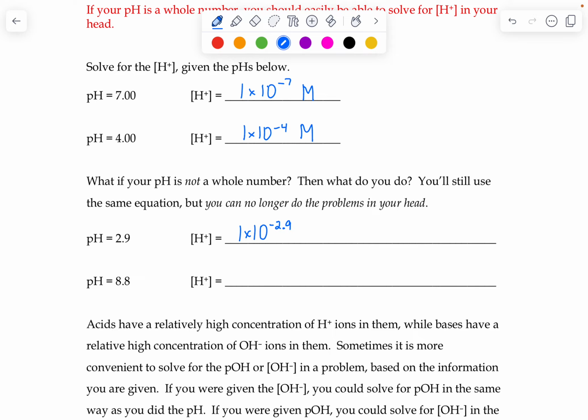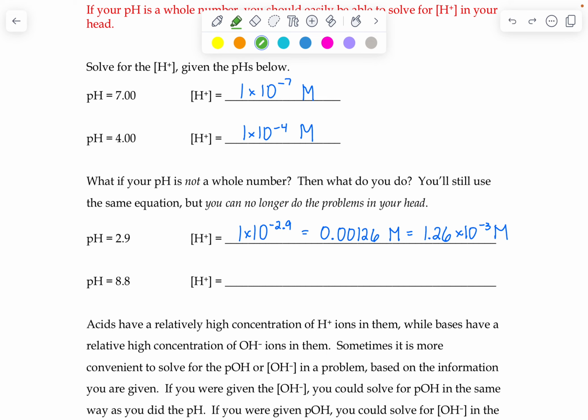So if you type in your calculator 1 times 10 to the -2.9, your calculator should say 0.00126 molar, approximately. Or if it was in scientific notation mode, it would read 1.26 times 10 to the -3rd molar. Either one of these answers is okay. You cannot just leave it with a decimal in the exponent because that's not a properly written number.